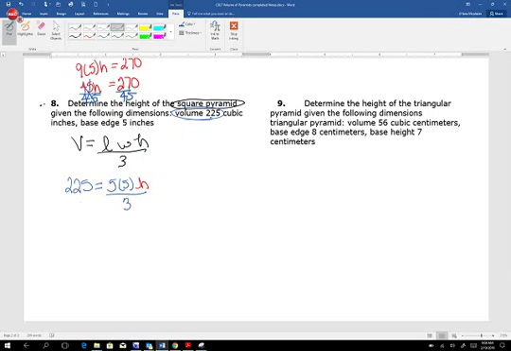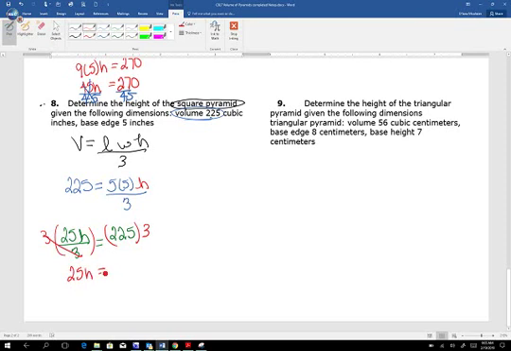And the first thing I'm going to do is flip this around so that it's easier for me to work. So I have 5 times 5. I can go ahead and combine these if I choose to. So 5 times 5 is 25 times the height divided by 3 equals the volume of 225. And then the next thing I'm going to do is multiply each side of the equation by 3, cancel these out.